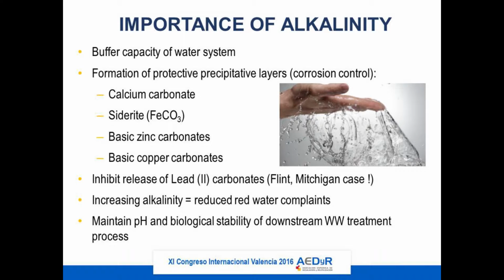Calcium carbonate will precipitate, so that's why we typically should have a slightly positive Langelier saturation index, LSI. These are the typical precipitants required to have a protective layer. You could also add some phosphate products to create additional protection against corrosion issues. But naturally, you can achieve everything by having correctly balanced and stabilized water.